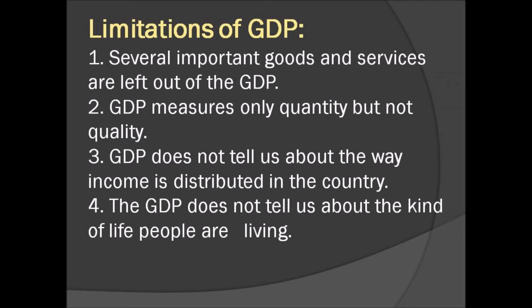There might be people living with very poor health conditions, an undemocratic political system, high pollution, suicides, etc. So the GDP does not tell us about the kind of life people live in that country.